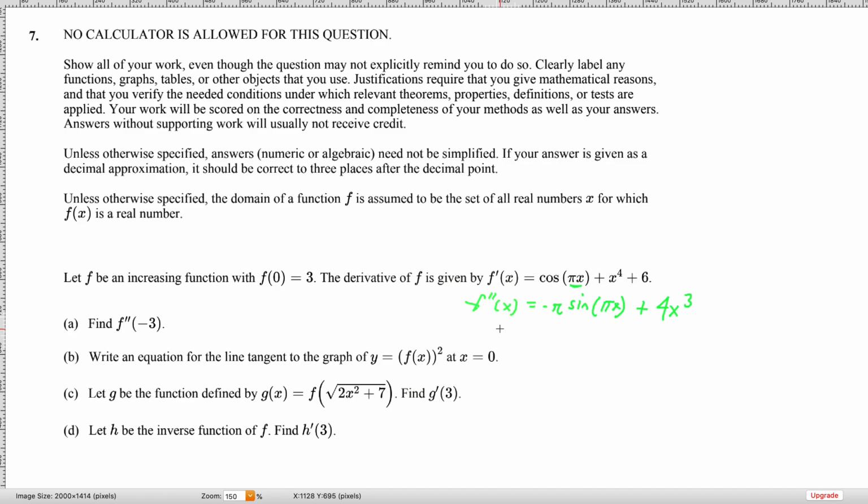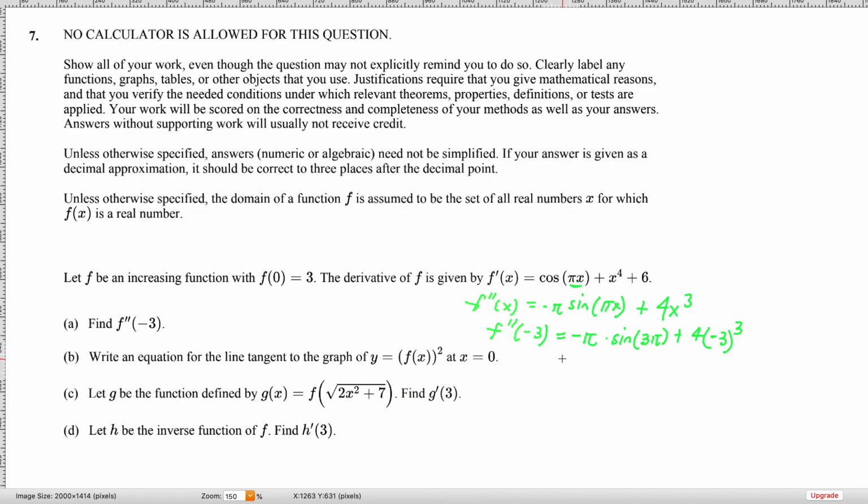Now you're asked to find f double prime of -3, so you just have to plug in -3 into this and you have your answer. So it's negative pi times sine of 3 pi plus 4 times -3 cubed.